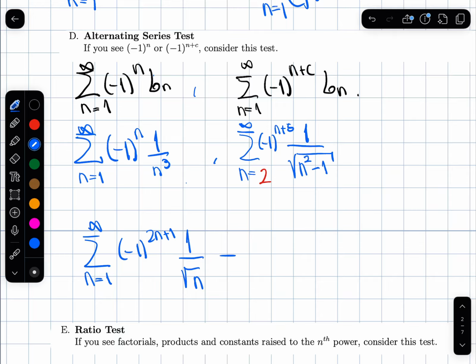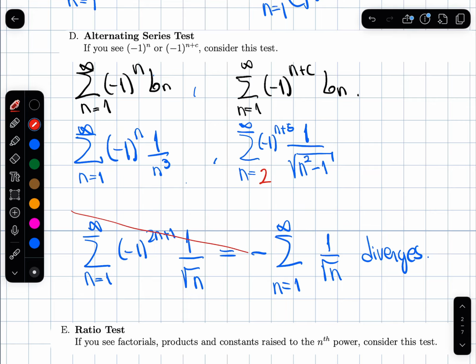So this is always this, and this diverges. So -1 times a p-series, that's divergent. So I would not use the alternating series test here. So you gotta be careful with the power of -1. It can be a little tricky at times, okay?